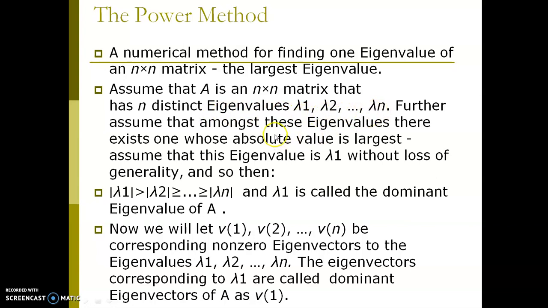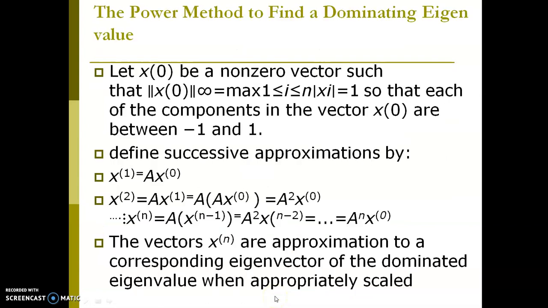Further, assume that lambda 1 is the largest among all, so if lambda 1 is greater than lambda 2 and so on up to lambda n, lambda 1 is called the dominant eigenvalue of A. Let us assume v1, v2, vn to be the corresponding non-zero eigenvectors to the eigenvalues lambda 1 to lambda n. The eigenvectors corresponding to lambda 1 are called dominant eigenvectors of A, like v1.